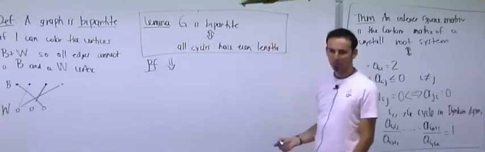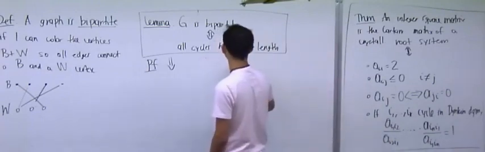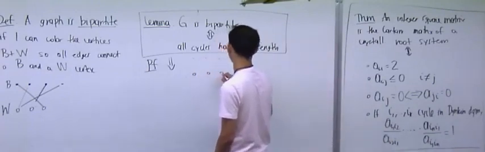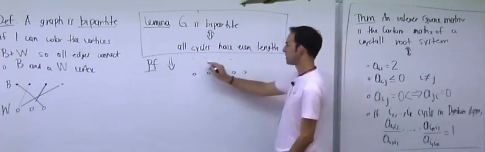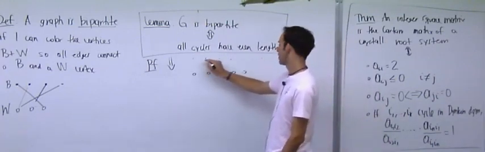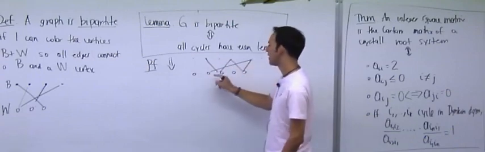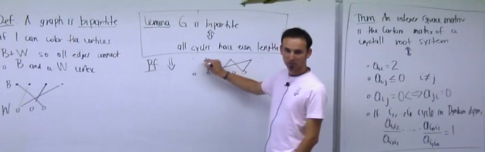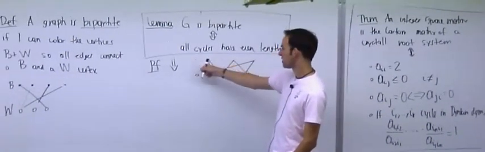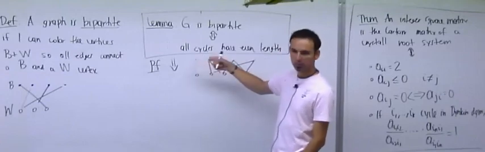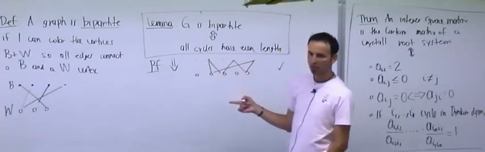If I give you a bipartite graph, then that means you can draw it like this. And what does a cycle look like? Let's say you start at the top, you go to the bottom, you go to the top, you go to the bottom, you go to the top, you go to the bottom. If you get back to where you started, that means you're at the top. And so the number of steps you took is even, because it takes one step to get down and another one to get up. So it's clear that if you have a cycle, it must have even length.